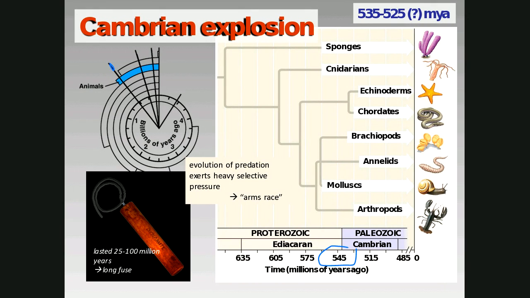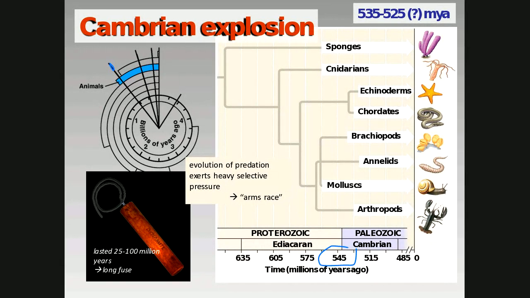Now, for Darwin's perspective, it seemed like a short period of time, but we've actually done more investigative work and found out that this Cambrian explosion had a pretty long fuse for an explosion. The Cambrian explosion exploded, if you will, over between 25 to 100 million years. So it wasn't quite as fast as Darwin might have thought, but that still is pretty fast.